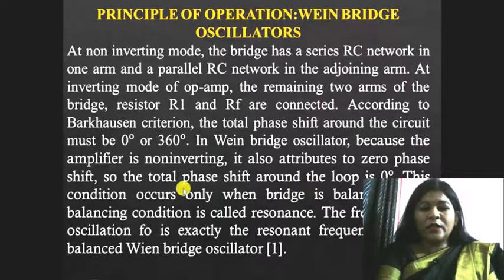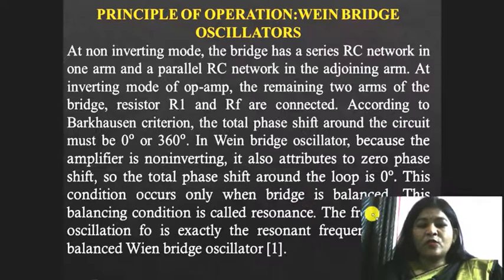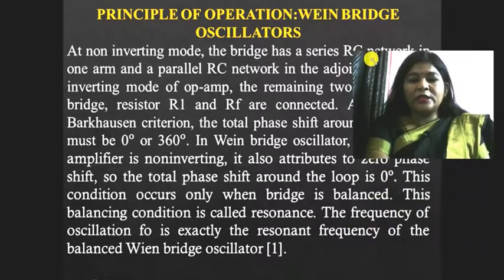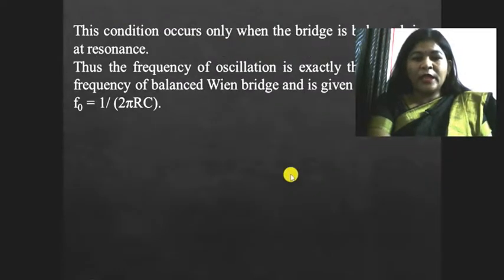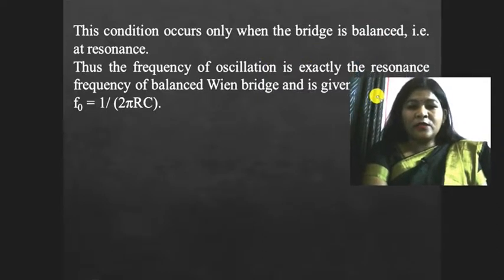This condition occurs only in the Wien bridge oscillator because here the bridge is in balanced condition. This balancing condition is called resonance. So the frequency of oscillation, called f naught, is exactly the resonant frequency of the balanced Wien bridge oscillator. So this is the basic working of the Wien bridge oscillator, and this condition occurs only when the bridge is balanced, which is called resonance.